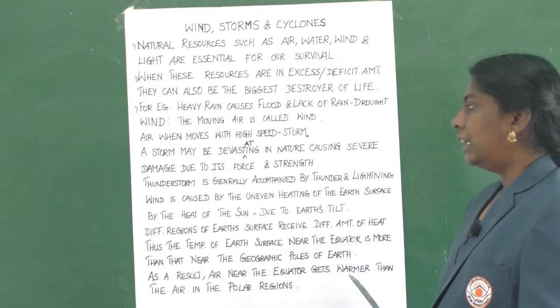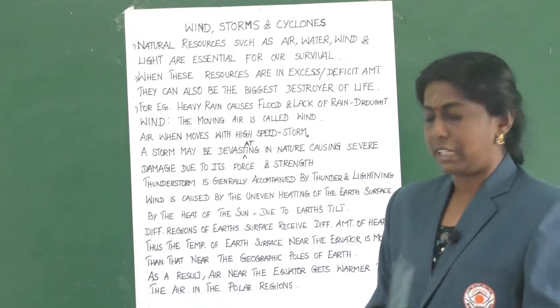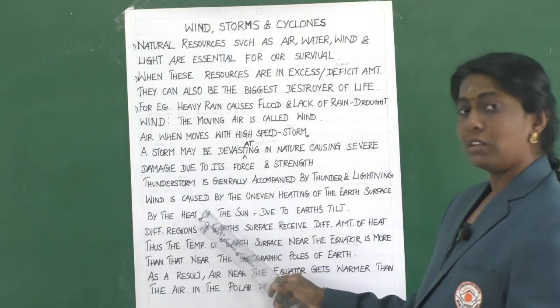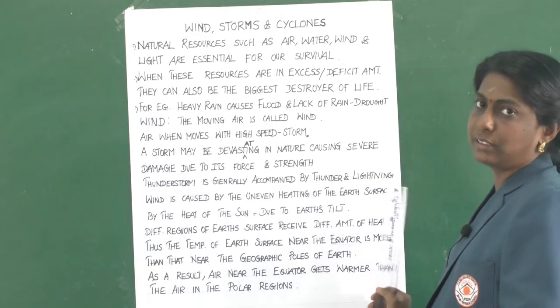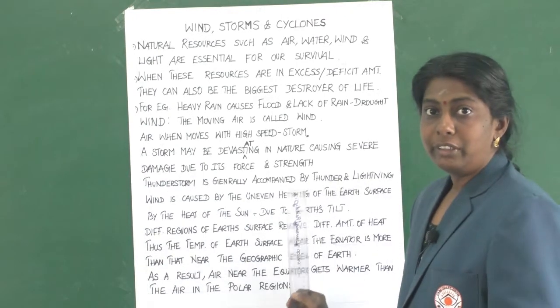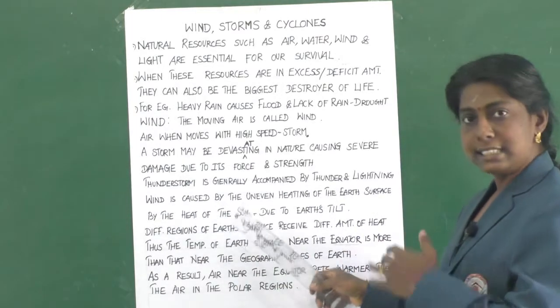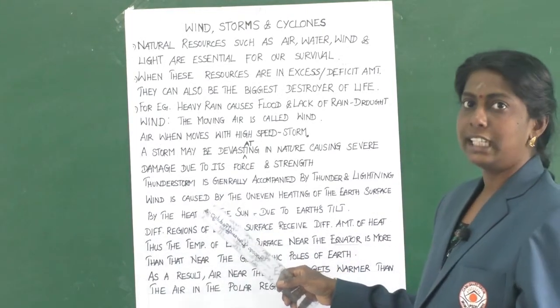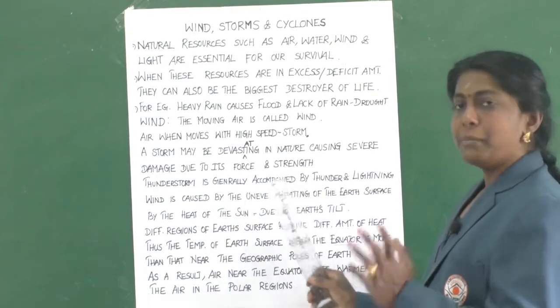Okay. So then, what causes wind? Wind is caused by the uneven heating of the earth's surface by the heat of the sun. It receives the heat of the sun and gets heated in an uneven manner.